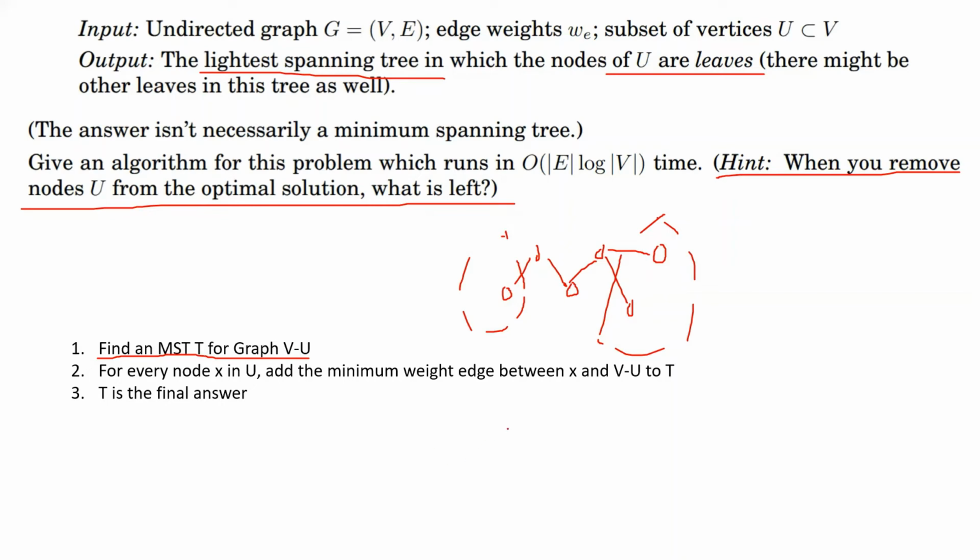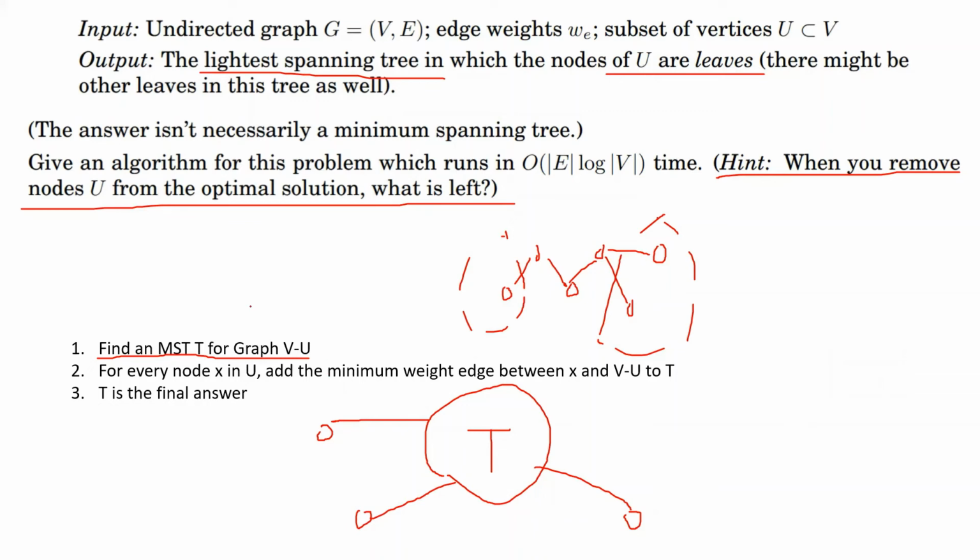And then T is the MST you find, and for every node in U, you just need to check and find the minimum edge that connects this node and T, and connect them. And then this one will be the final answer.